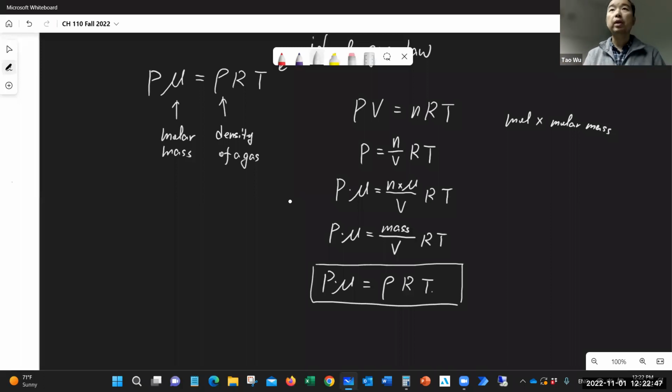So this equation is actually more useful than the earlier equations, especially in the lab. If you want to detect what kind of unknown gas you are testing, you can easily figure out the molar mass and then determine what the unknown is. That makes sense, right?